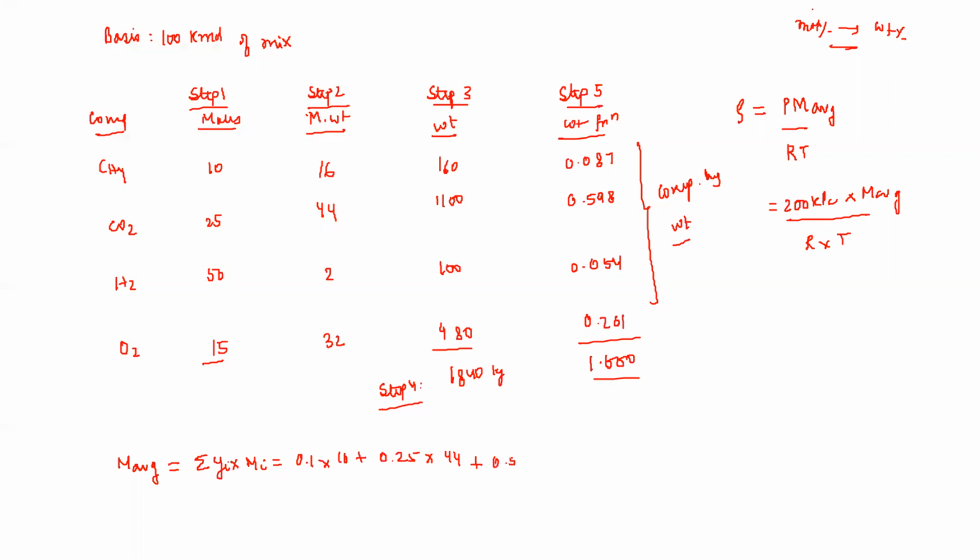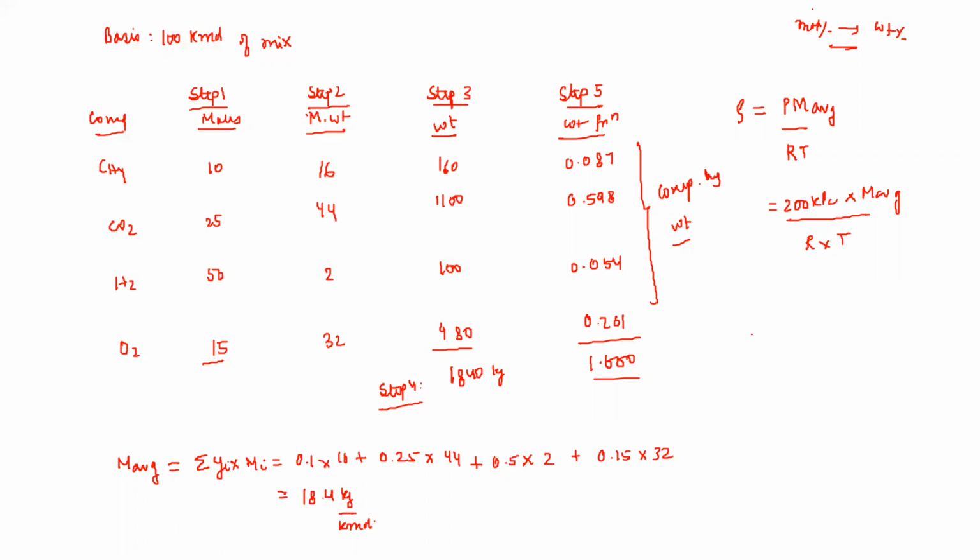Then 0.5 is the mole fraction of hydrogen. 2 is the molecular weight of hydrogen. And then 0.15 is the mole fraction of oxygen. And 32 is the molecular weight of oxygen. So when we add all of them, we get 18.4 kg per kilomole. This is the average molecular weight.